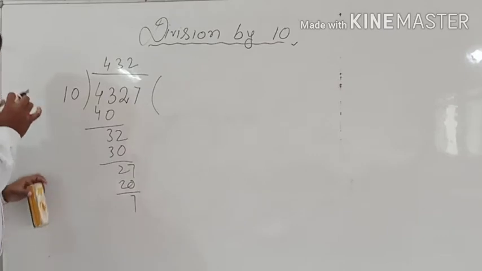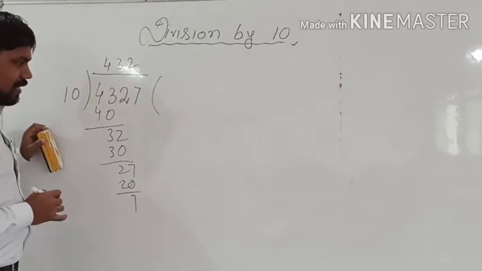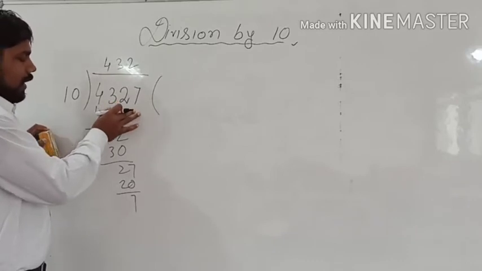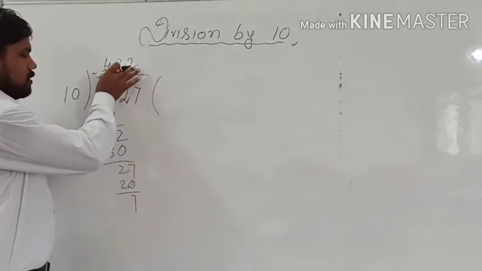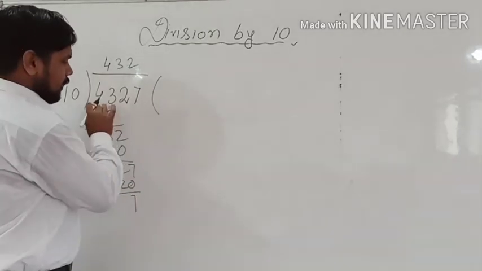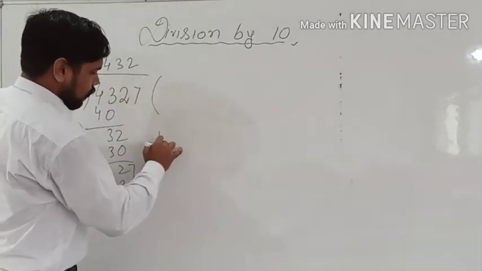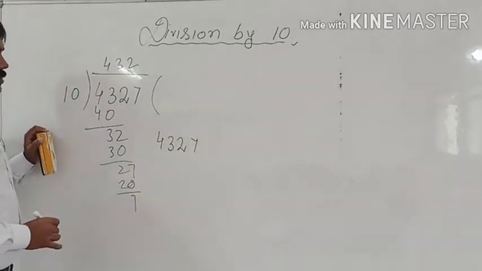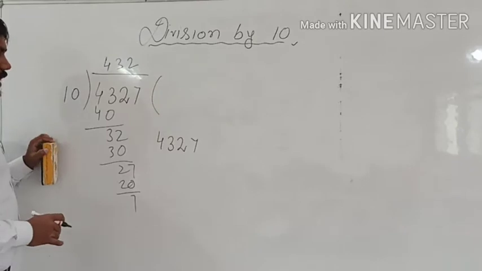So here you can see one common result, the relationship between the number, the quotient and the remainder. Here we have 4327. In this number we are dividing by 10.